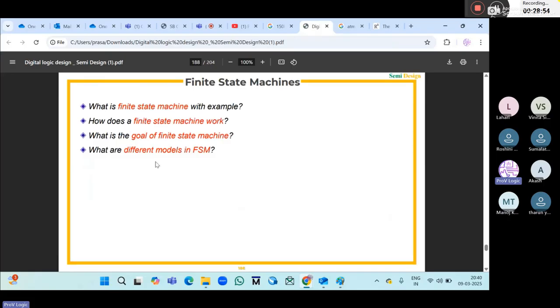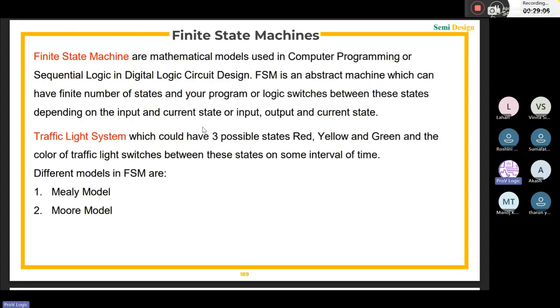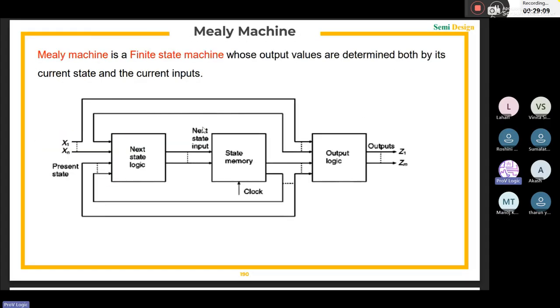Next, what are the different models in FSM? We have only two models. One is Mealy, one is Moore. So what is the difference between Mealy machine and Moore machine? A Mealy machine is one whose output values are determined both by its current state and the current inputs.